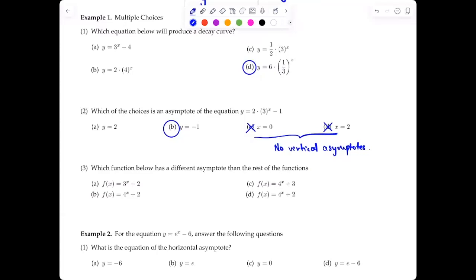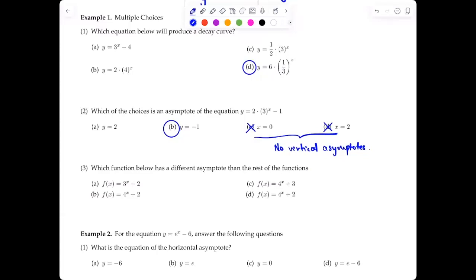That means the function will approach 0 as x goes to -infinity, and then you shift it up by 2 units. So this horizontal asymptote is y equals 2, y equals 2, y equals 3, then y equals 2. So to answer which function below has a different asymptote than the rest of the functions, the answer is C.